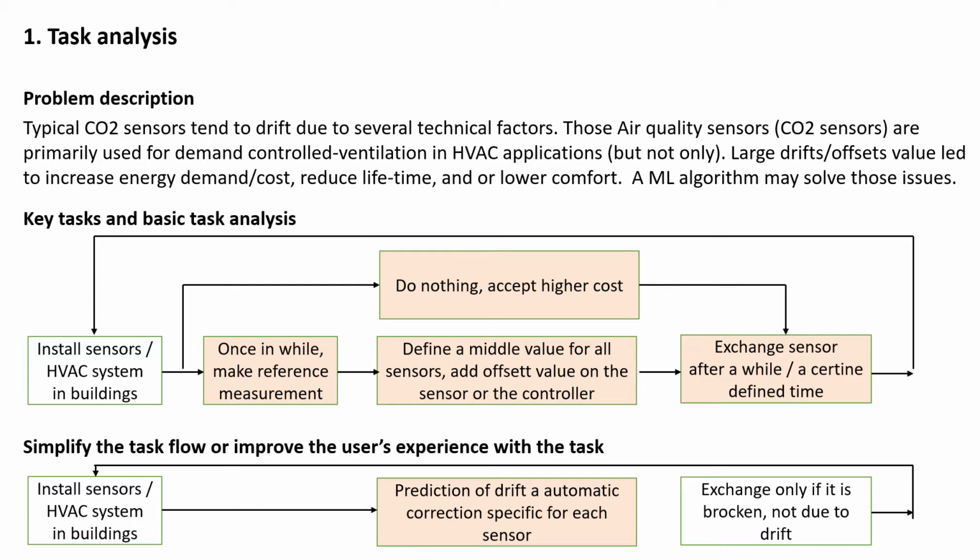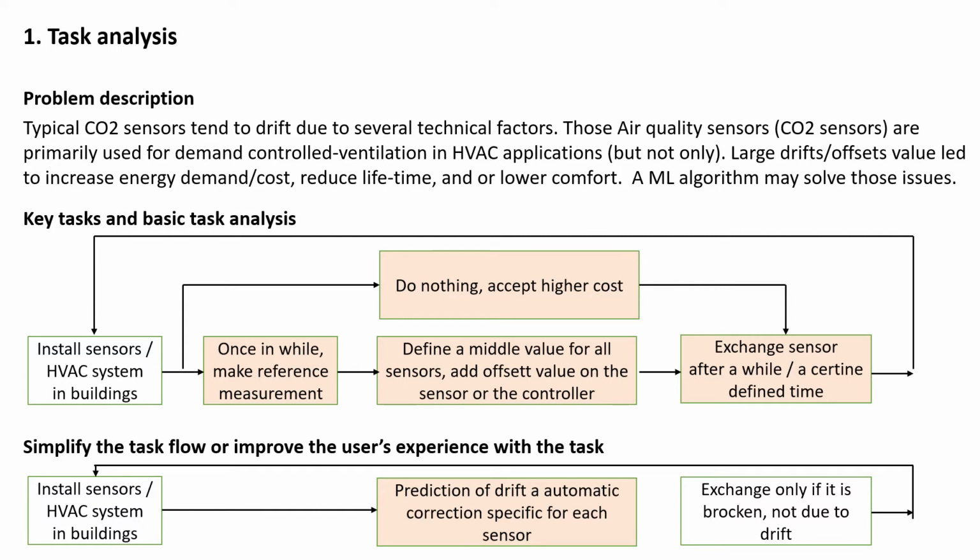With this information, we may define a middle value for all sensors, which will be added as an offset into the sensors, but may also be added in a controller. After that, and after a certain while, we may just exchange the sensor because the drift will be too high. And then it starts again from the beginning.